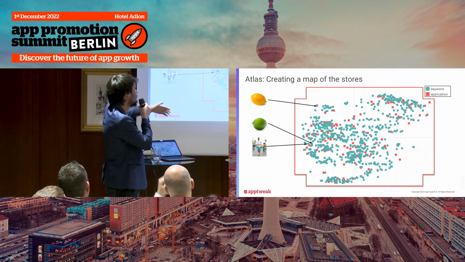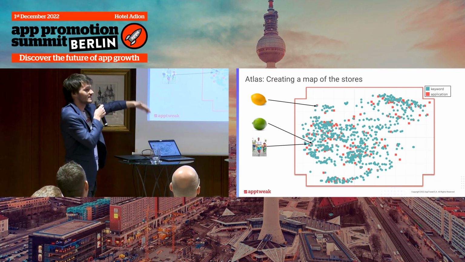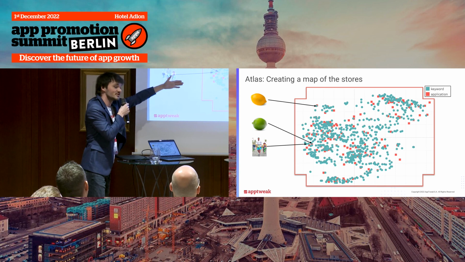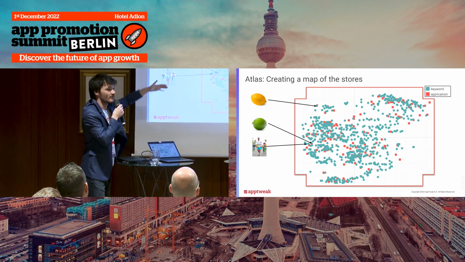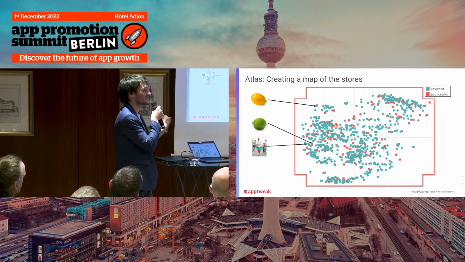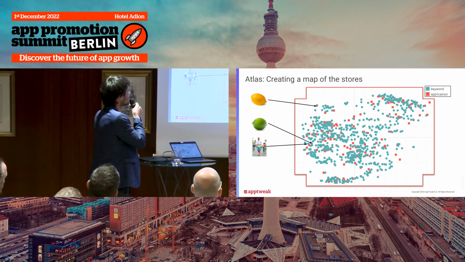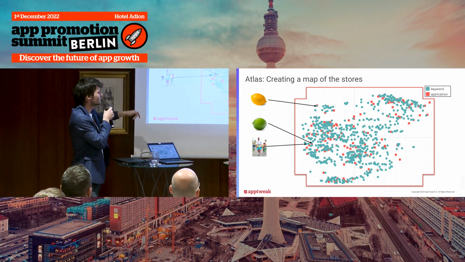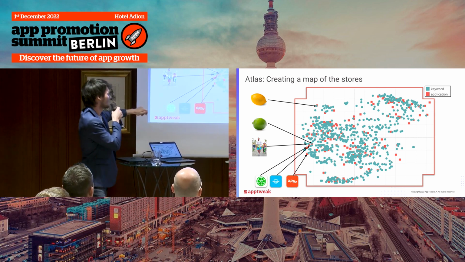And then I just look at the position of those 3 keywords in Atlas, and this is it. You find that lime and scooter are actually close to each other, while lemon is pretty far away. And that makes total sense. We want Atlas to capture the App Store semantics of the keywords. And you can even look at the apps around those keywords. Can you just go to the next slide? Yes, thank you.